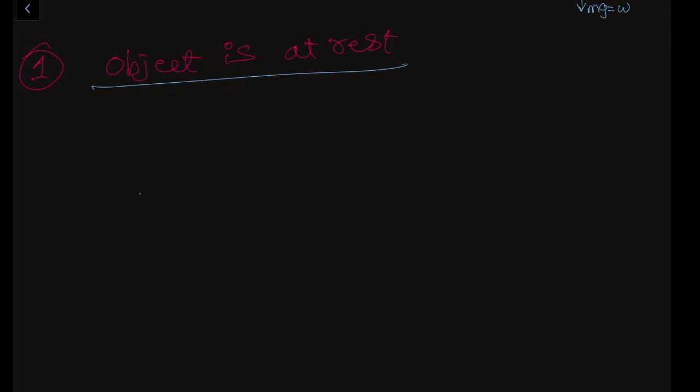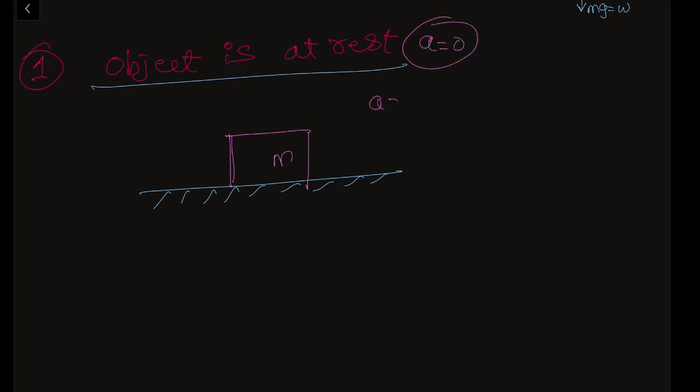We take one surface and draw one body of mass m. The body is at rest, which means acceleration is zero. So we can simply say it is a balanced or equilibrium condition.